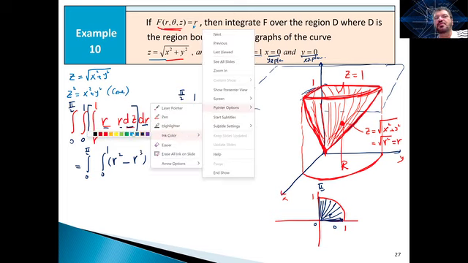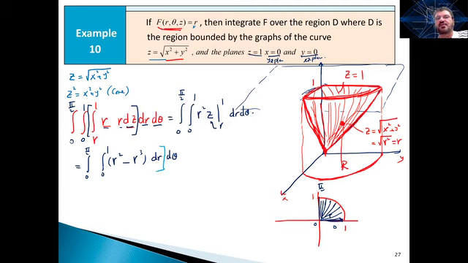Now we are going to integrate with respect to the inside, which is dr. So this is equal to the integration from 0 to pi over 2. The integration of R squared is R cubed over 3. The integration of R cubed is R to the 4th over 4. And this is from 0 to 1, d theta. Now plug the 1, please.